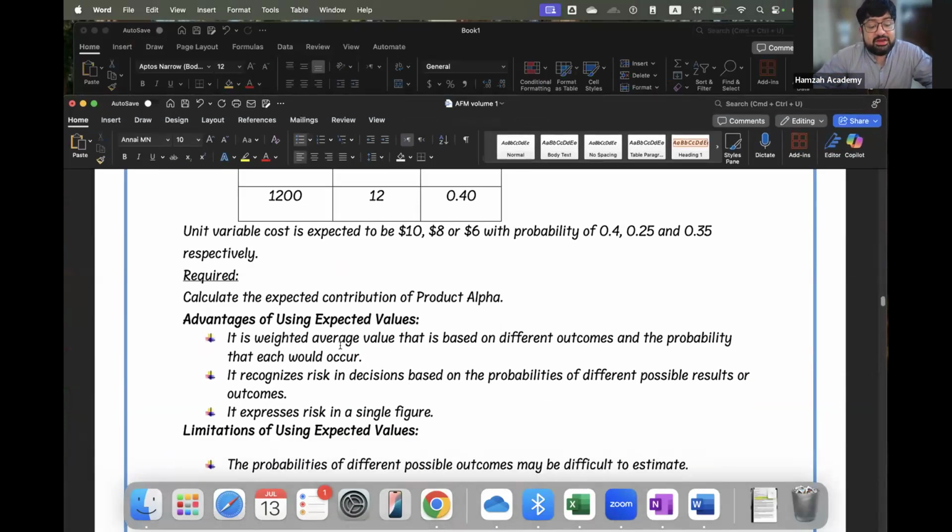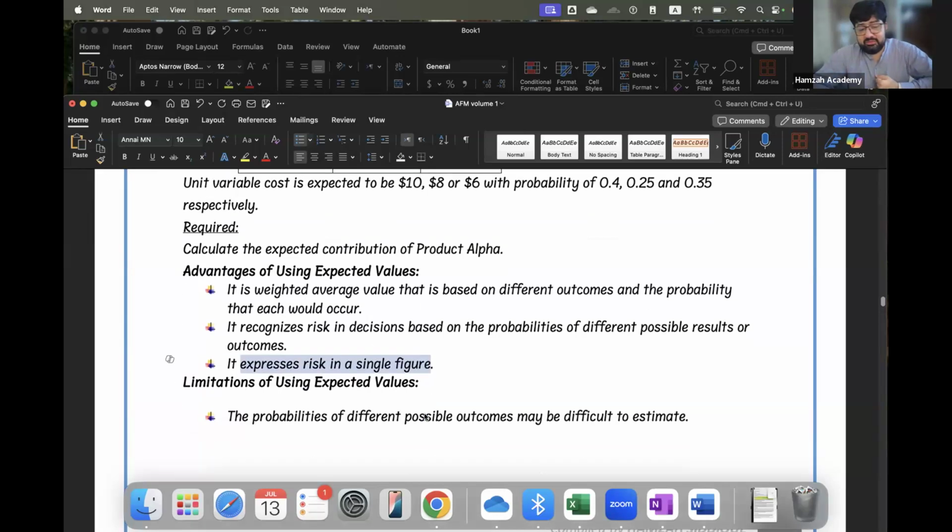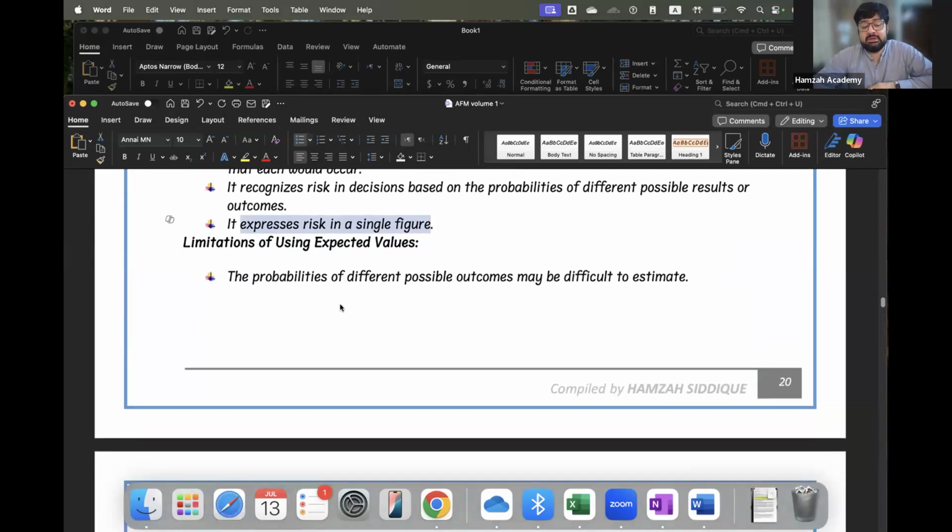Advantages: weighted average value of different outcomes, and probability considered. So a single figure answer, but it has drawbacks as well. The drawback is that probabilities of each outcome are based on judgment and very difficult to estimate.